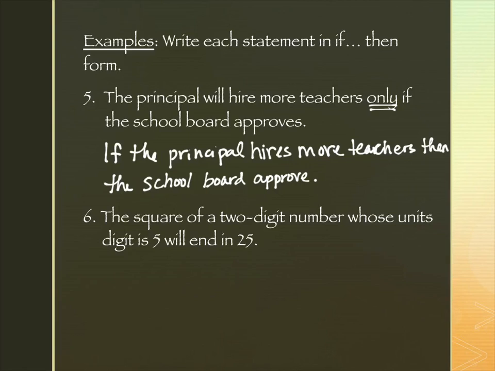All right, the last one's the most awkward looking to begin with. The square of a two-digit number whose units digit is 5 will end in 25. What are we going to do?